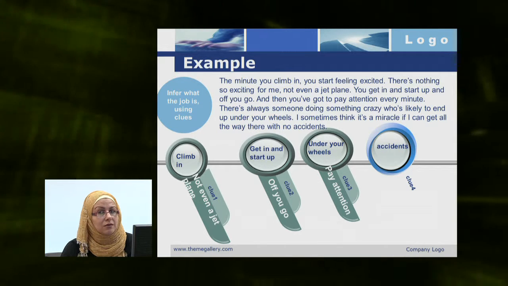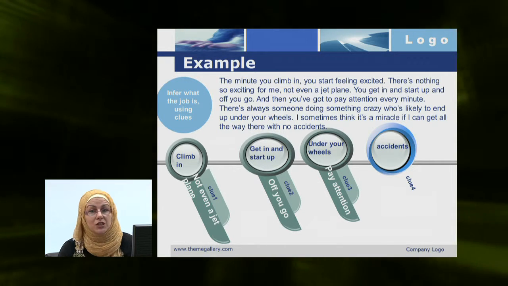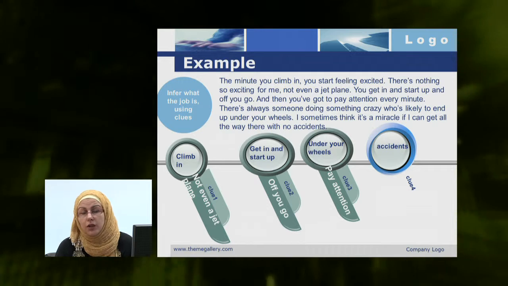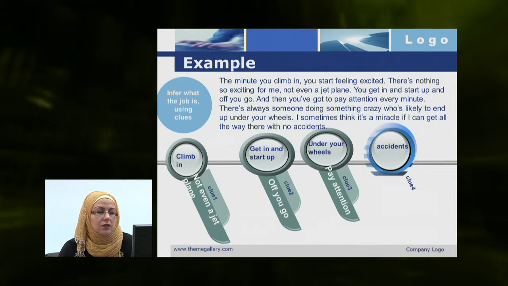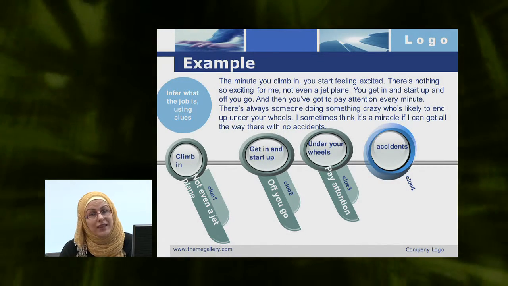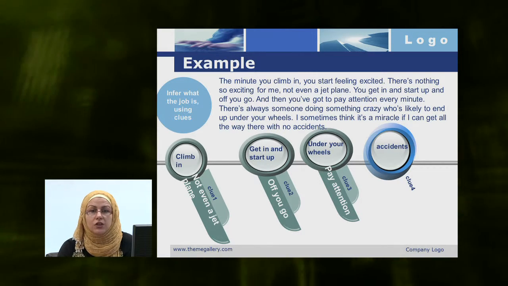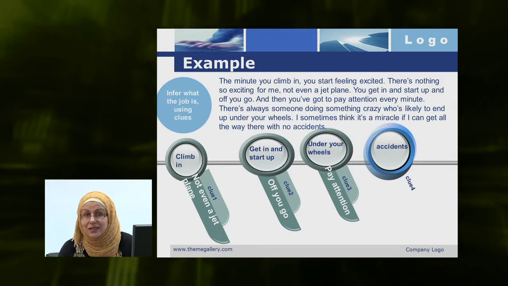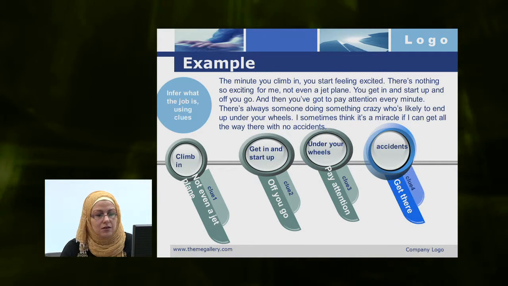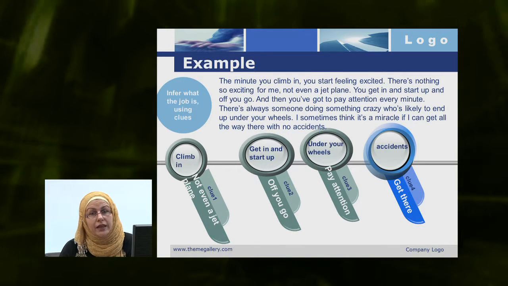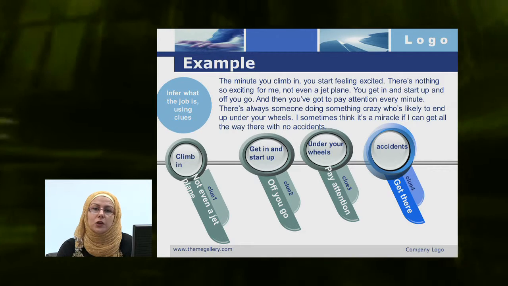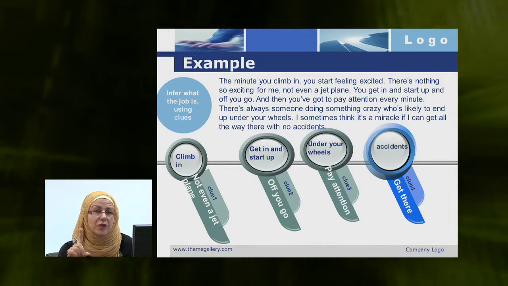Pay attention. We know from this that what he's doing, the kind of job he's doing, requires attention. There's the word accidents, which is a very important clue here. What he's doing has a risk of accidents. Get there is another clue that shows a movement.